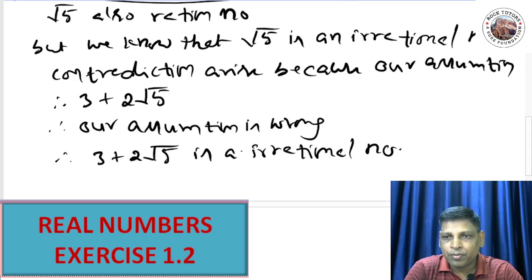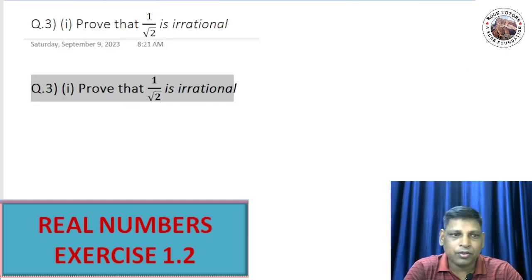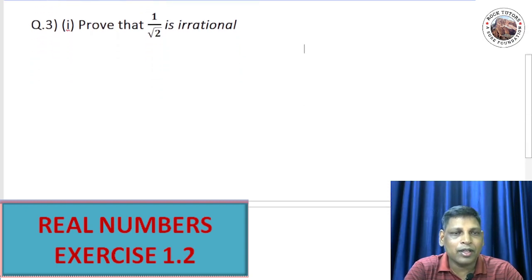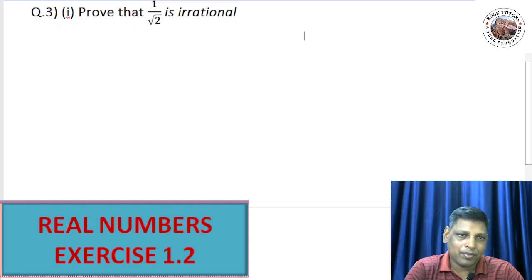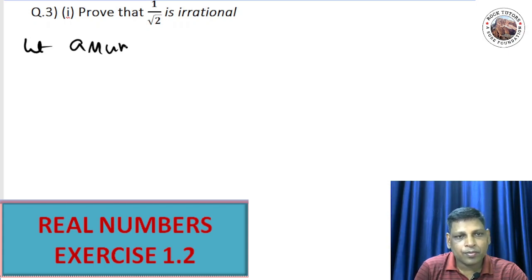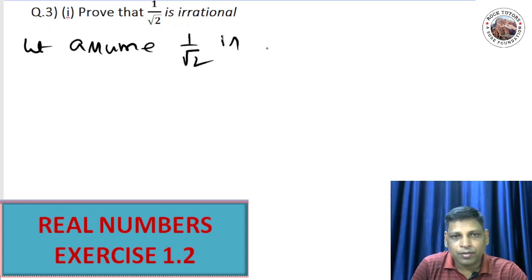So one more question. Third question, first problem. Prove that 1 by root 2 is an irrational number. Let us assume 1 by root 2 is a rational number.